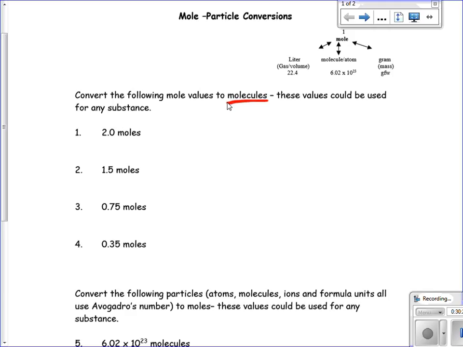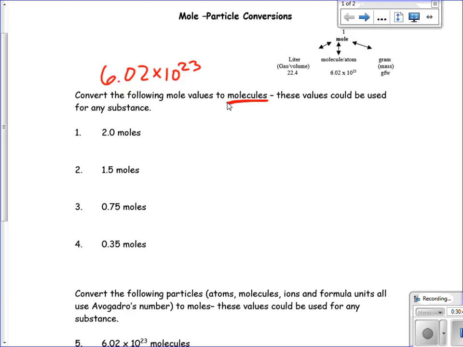Molecules, atoms, formula units, ions, they all revolve around which number? What's the particle number? How much is in a mole for a particle? 6.02 times 10 to the 23rd. Avogadro's number is your conversion factor number.